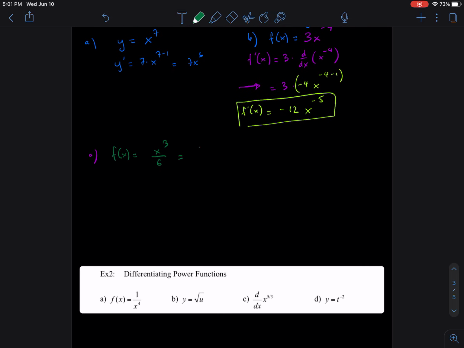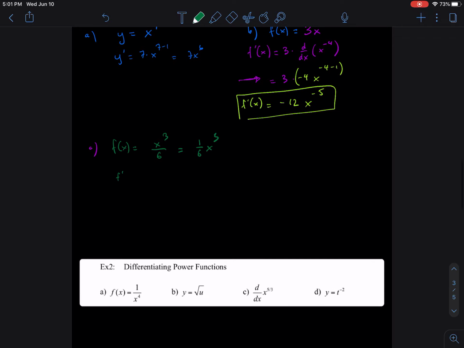So we want to rewrite this as 1/6 x to the 3rd, and then apply the power rule. So 1/6 times 3, the power comes down, and then take the power minus 1. So that gives us 1/2 x to the 2nd power. All right, so that would be our derivative function there.